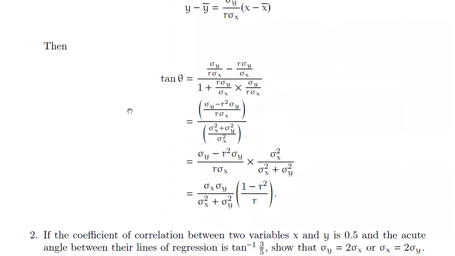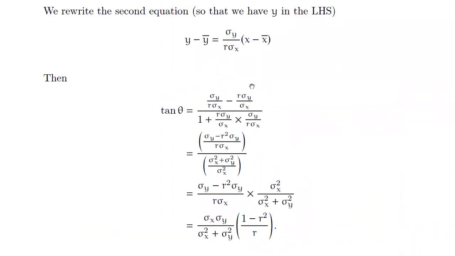So we get tan theta equal to sigma y by r sigma x minus r sigma y by sigma x, divided by 1 plus m1 into m2, that is r into sigma y by sigma x into sigma y by r sigma x. So now we have to solve this expression and get the required value of tan theta.